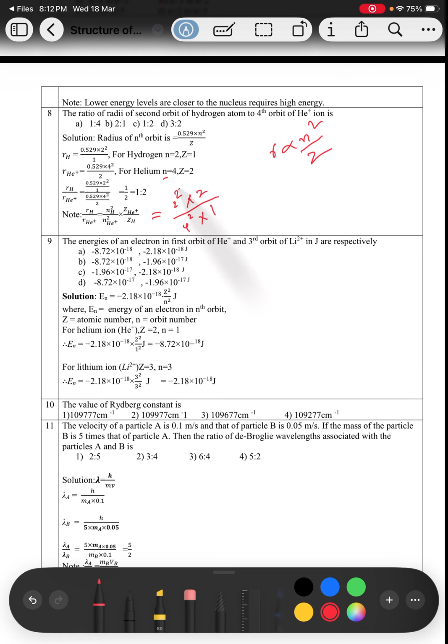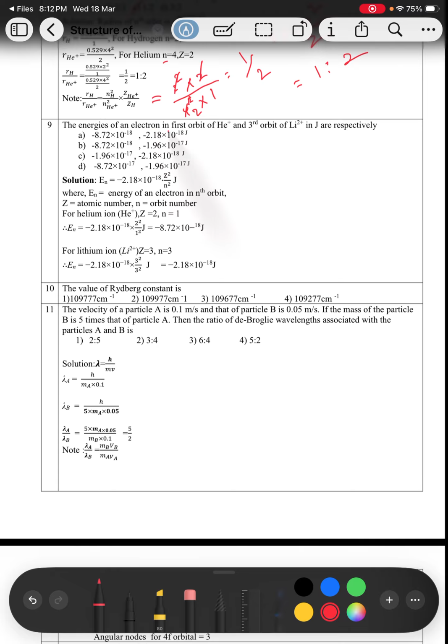So 2 square means 4, into 2, over 16. By cancelling, this is equal to 1 by 2. So the ratio is 1:2. In the given options, third option is the correct one, that is 1:2 ratio.